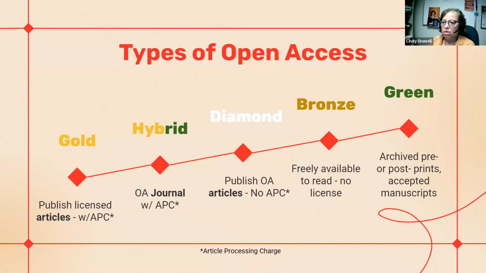And then there's green, and I talk about green a lot because we have an institutional repository, and that's where you as an author can submit preprints, postprints, and usually accepted manuscripts, which most publishers allow into the institutional repository. By doing so, it makes that resource available to everyone globally, as opposed to only those who have a subscription to a particular journal.